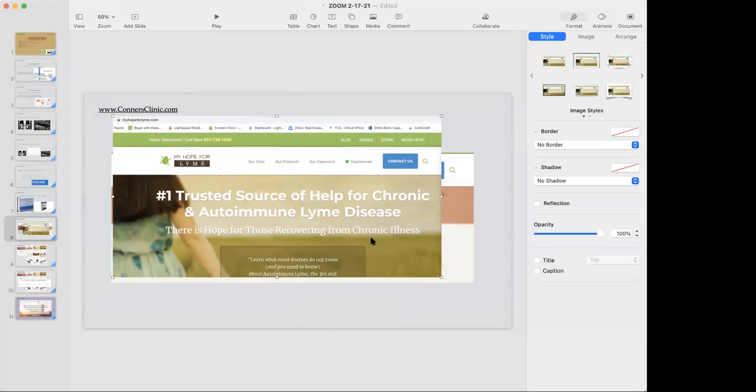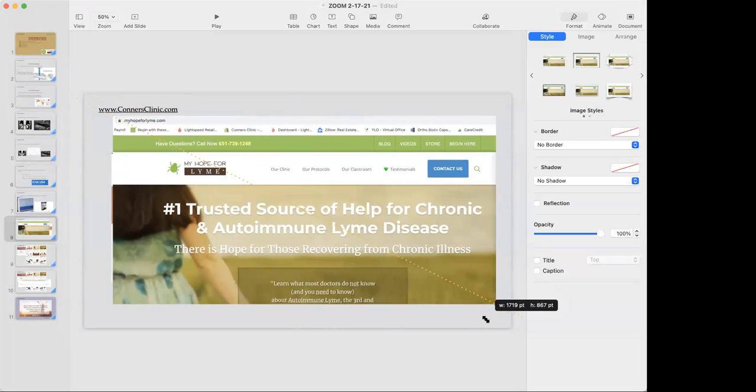We have another site that looks almost the same, but it's called My Hope for Lyme. It's a site not just on Lyme disease, but on a bunch of different non-cancer related issues. One of the things we talk about on this site is vaccine injuries.